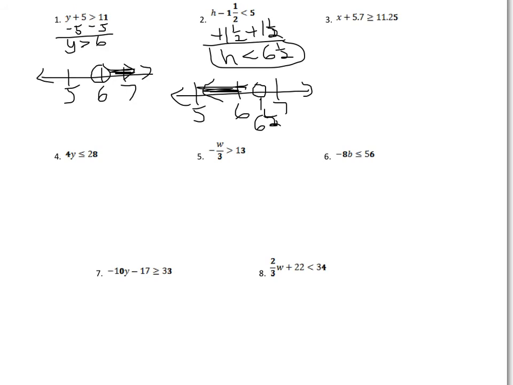Okay, number 3, to isolate that x, we'd have to subtract 5.7 on each side. When you're subtracting decimals, make sure you line up your decimal point. You want to add a 0 there. When you subtract that, you get x is greater than or equal to 5 and 55 hundredths. You have to do some borrowing.